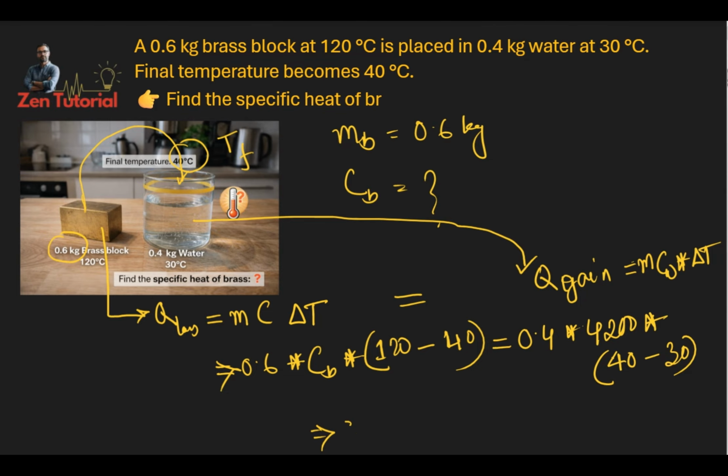Now here we have to calculate the value of the specific heat of the brass block, which is 349 joule per kg per Kelvin. So this is the final answer.